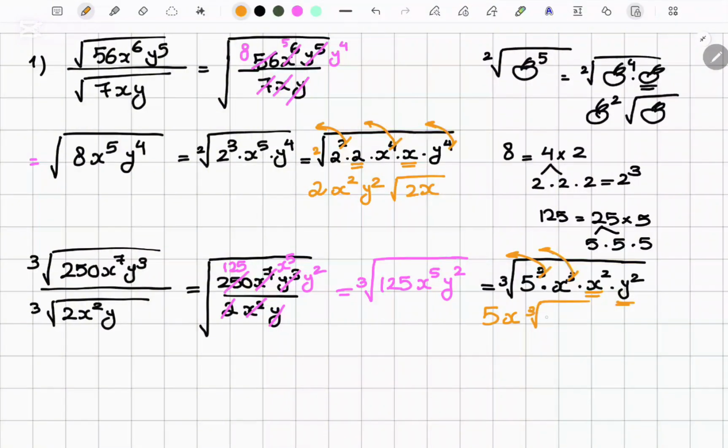So it's going to be x squared, y squared. So 5x radical with the index of 3, x squared, y squared is going to be my last simplified answer, okay? So very, very easily, you can simplify any type of radical you have with any type of index it has. In my next video, I'm going to talk about rationalizing radicals.